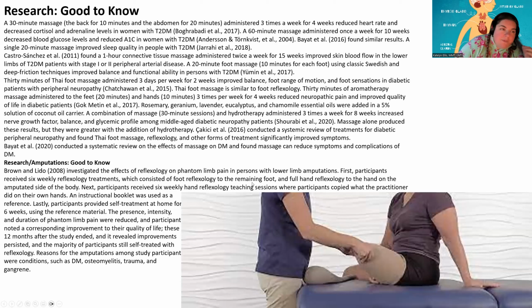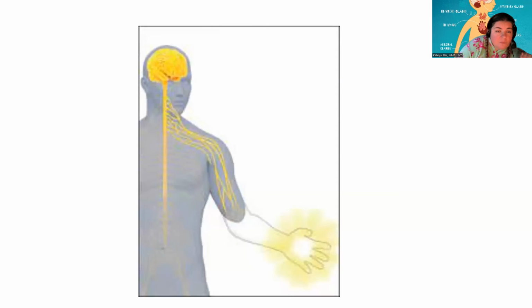There's some interesting research here for you about massage and amputations if you would like to read it. And the last thing I want to throw out here, just as an FYI, if you ever want to research it, there's some really cool photography out there where they have measured the electromagnetic field of people who have had amputations, and they can still see the electrical signals that the body is still giving off.